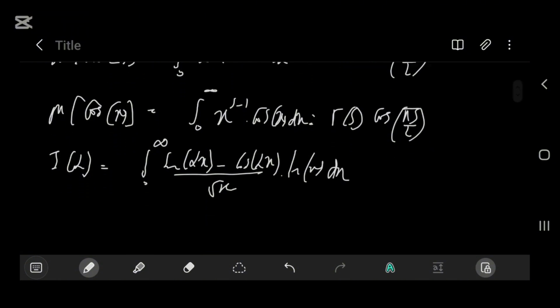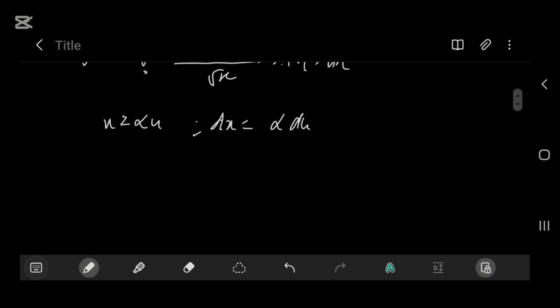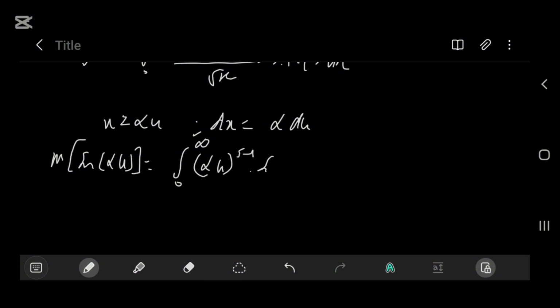Okay guys, now let's move on. Doing a substitution, when x equals alpha u, we get dx equals alpha du. Now the Mellin transform of sine alpha u becomes the integral from 0 to infinity of alpha u to the power s minus 1 sine alpha u times alpha du.